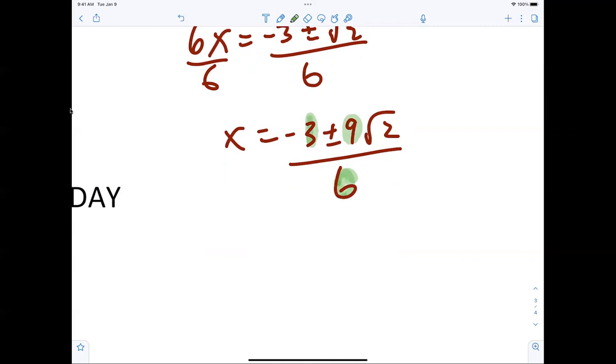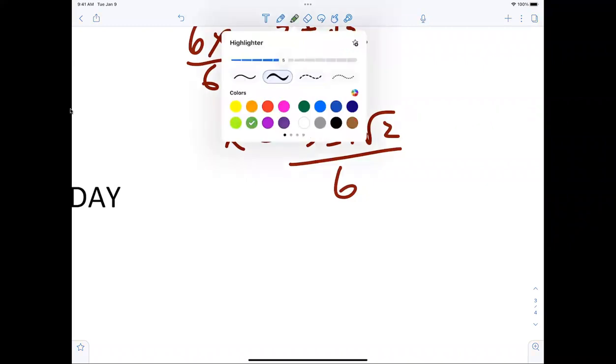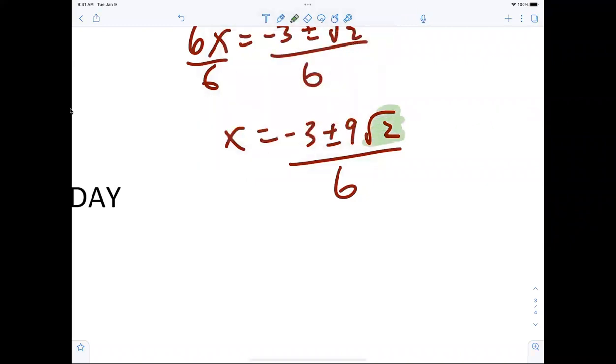The square root of 2 is a radical, okay? So because of that, it doesn't matter that it's not divisible. What matters is the number in front has to be, and the number in front is just a what? A 1. So all 3 of these numbers have to be divisible by the same number to reduce them.